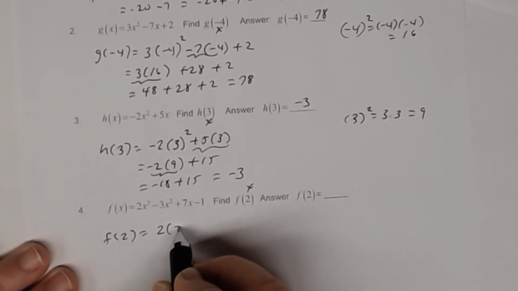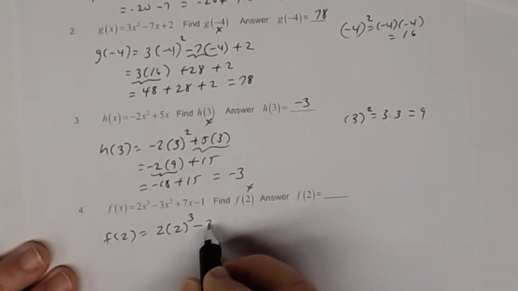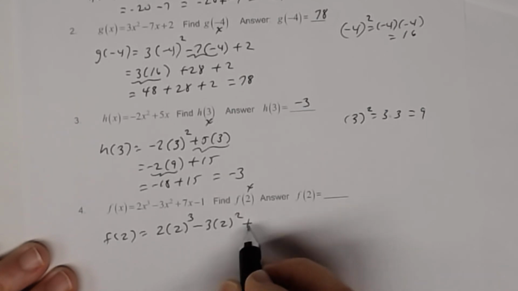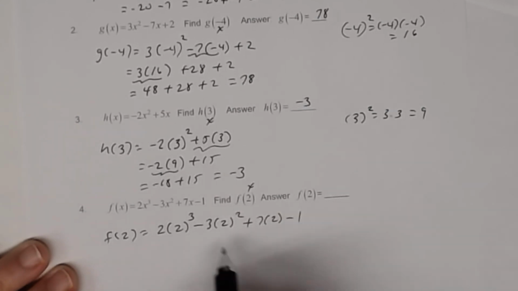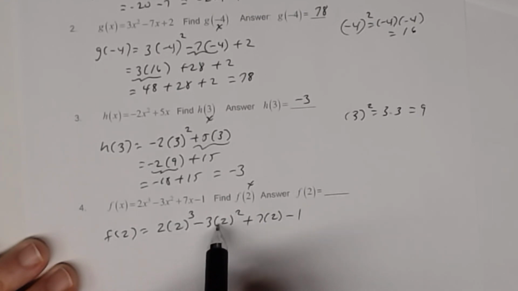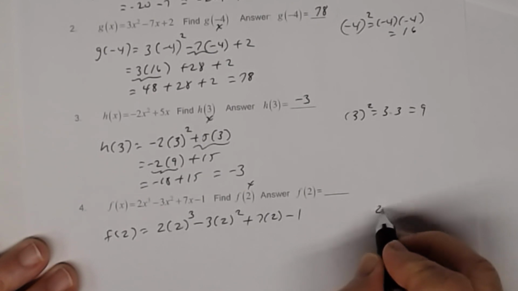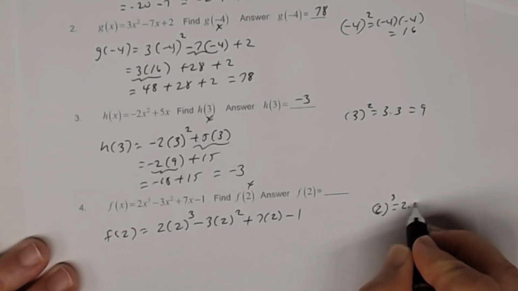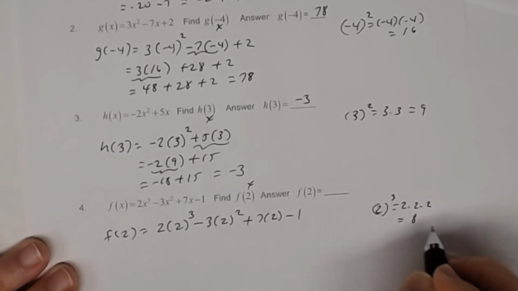So I get 2 times 2 cubed minus 3 times 2 squared plus 7 times 2 minus 1. So wherever I saw the variable x, I substituted 2. And that's what you see. And notice I put that in parentheses. But remember, you have to use the order of operations. So I do exponents first. So 2 cubed means 2 times 2 times 2, which is 8.